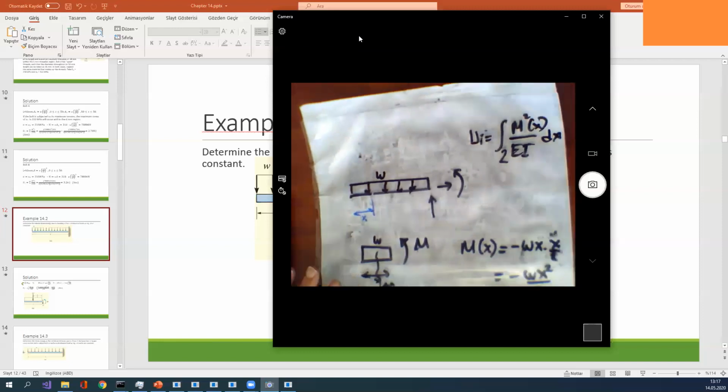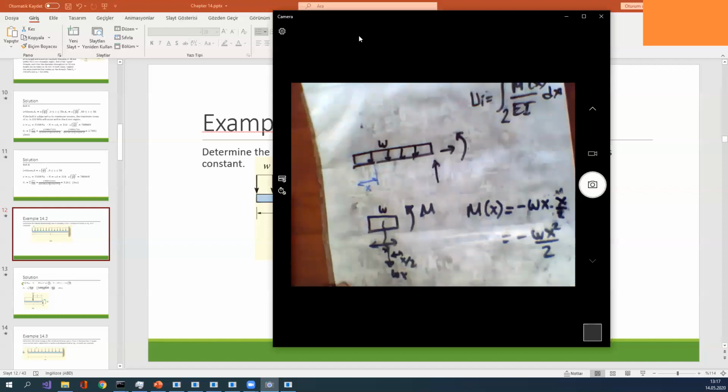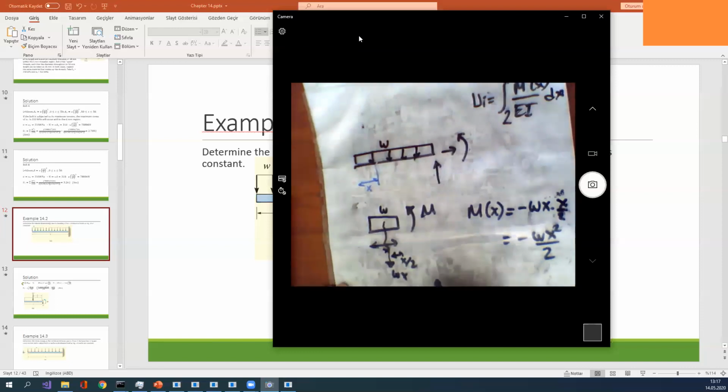So I want to write in the formulation Ui is equal to 1 over 2 times the integral of minus omega x squared over 2, squared, over EI dx.